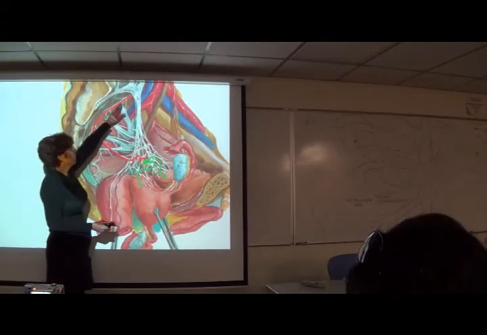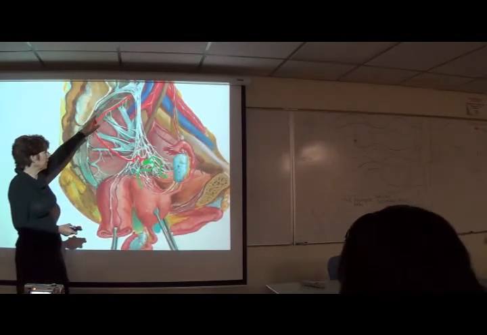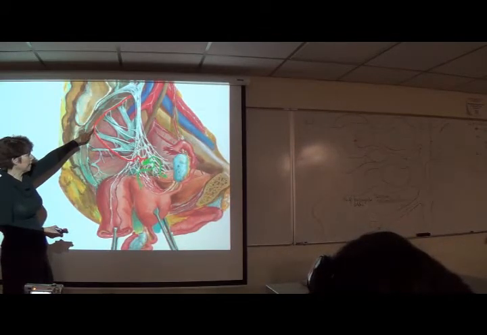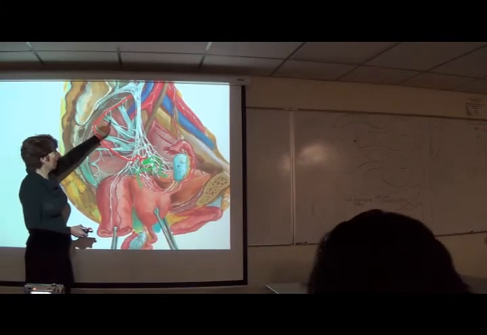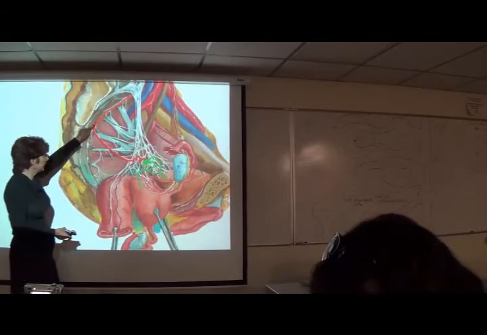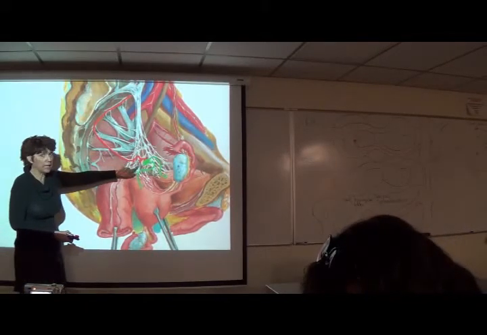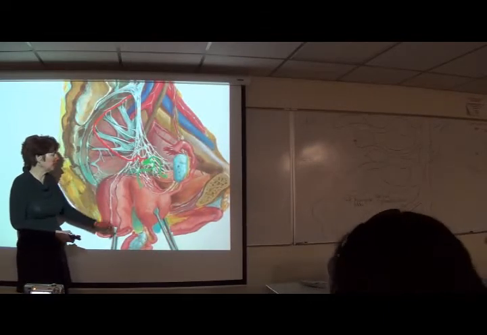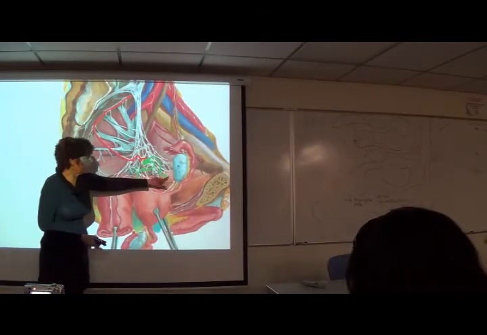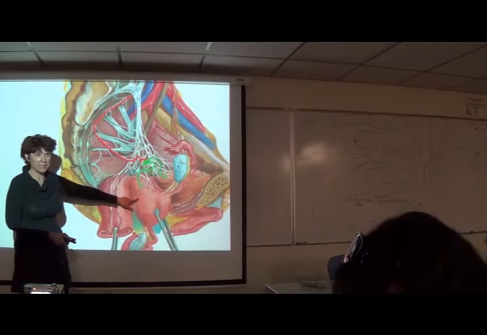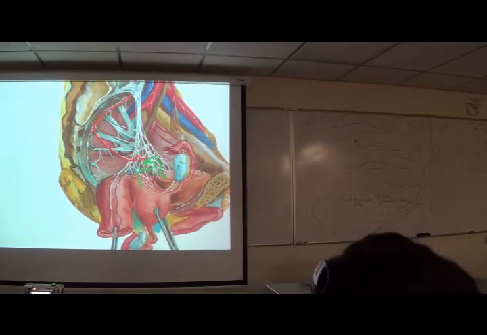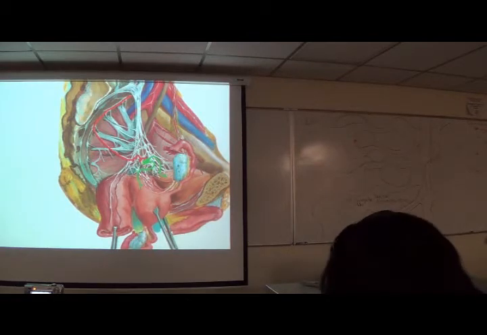So red, preganglionic sympathetic neuron passing through the ganglion without synapsing, coming along a sacral splanchnic going into the inferior hypogastric plexus. Here is a postganglionic neuron sending fibers to the bladder, sending fibers to the uterus. So this is more of an anatomical illustration of what I have diagrammed on the board.